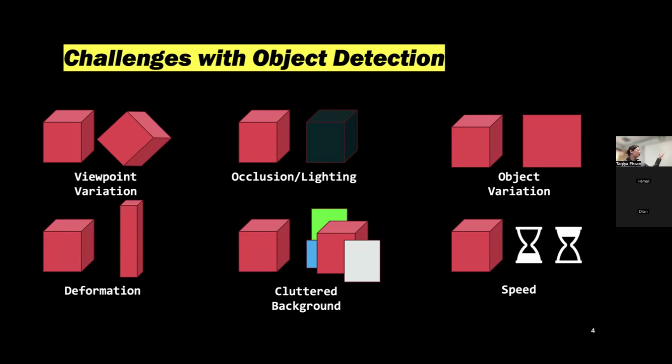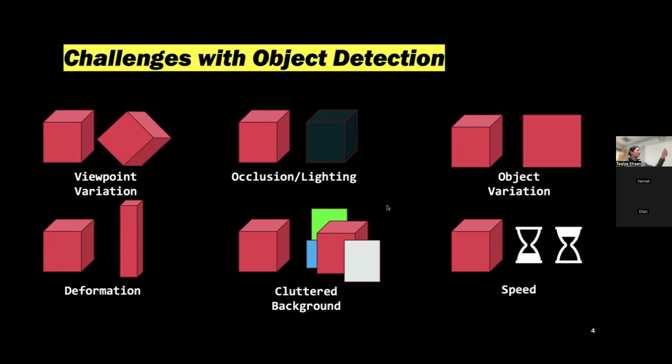The viewpoint variation can create different ideas within the model. Then there's lighting. We care about lighting when we're taking pictures for Instagram. It's the same idea with models, because you need to make sure that the model is able to see all the objects in proper lighting, so that they can identify the features.